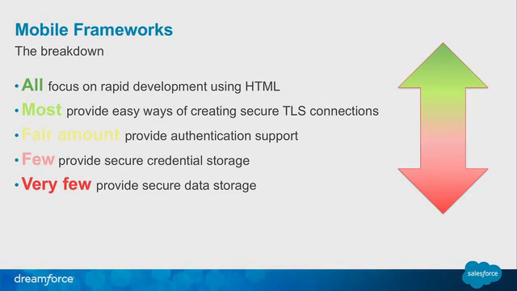We don't want to develop our own business logic for that because that's probably never a good idea. There is a high chance we will miss something, and we don't want to reinvent the wheel. Only a few of them provide secure credential storage, which pretty much all apps need. And very few of them provide secure data storage, because we don't only store credentials. We want to store all other types of information.